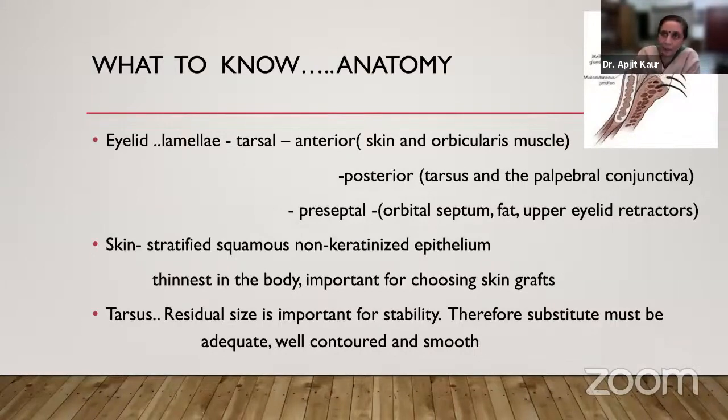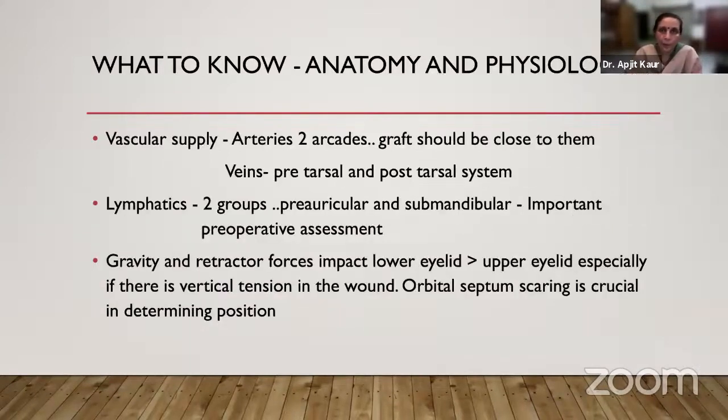The tarsus is a very important part of the eyelid, which is important for the stability. And therefore, when you substitute the tarsus, you need to ensure that it is well contoured and smooth. Beyond that, a knowledge of the anatomy is important.